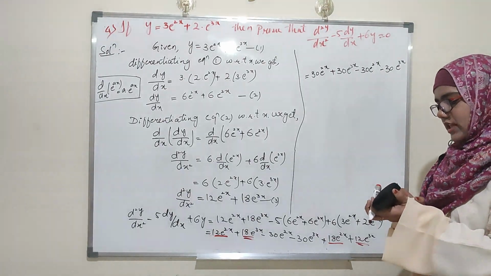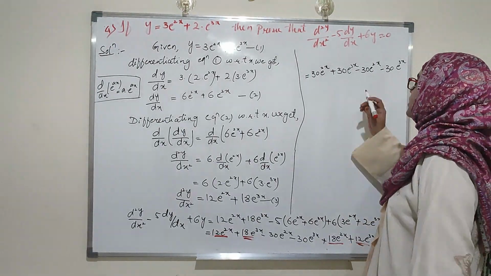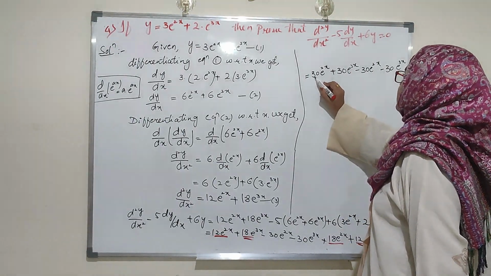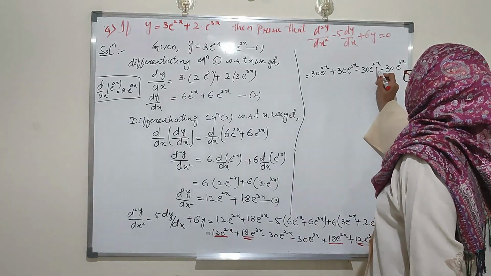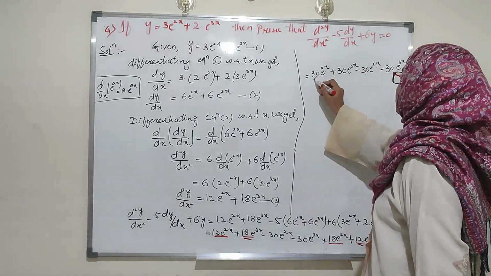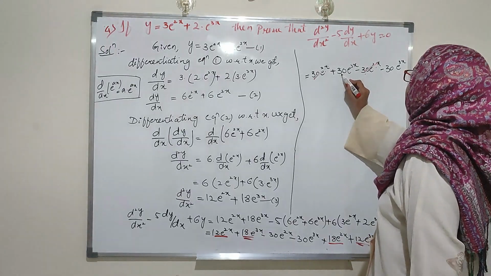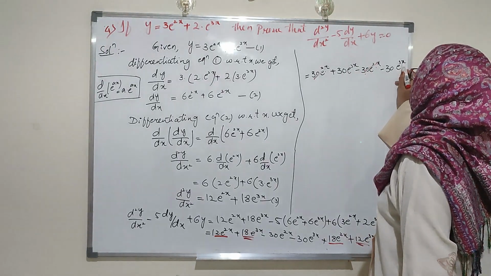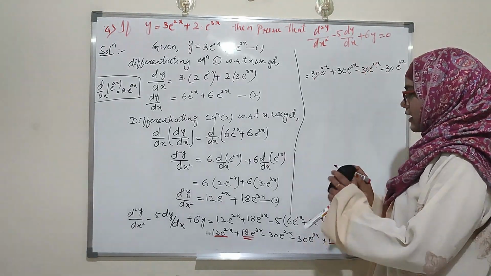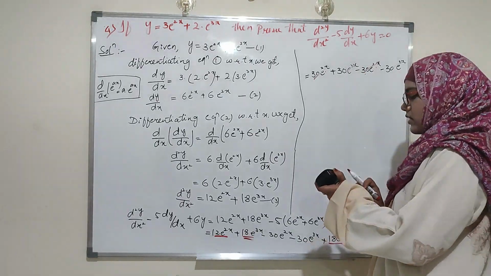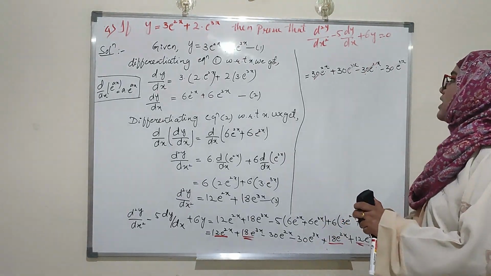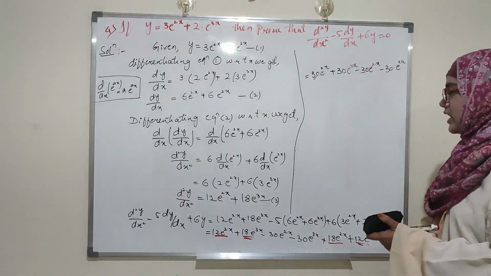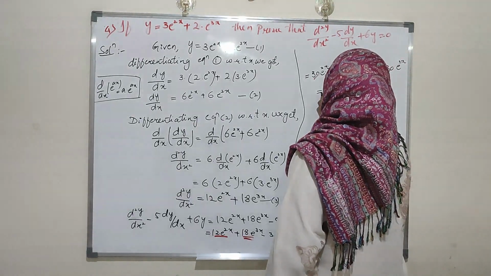Okay, now we can cancel each term. Plus 30e^(2x) and minus 30e^(2x), these two terms get cancelled, and 30e^(3x) and minus 30e^(3x), both are cancelled. Because we have plus and minus values, finally we have zero.